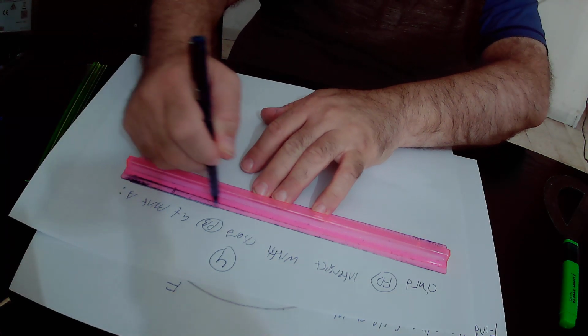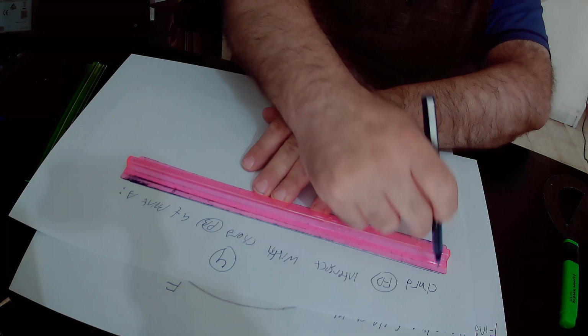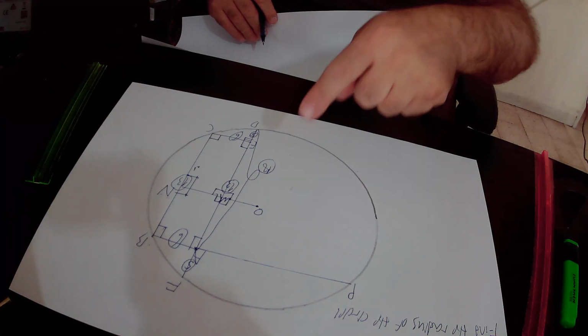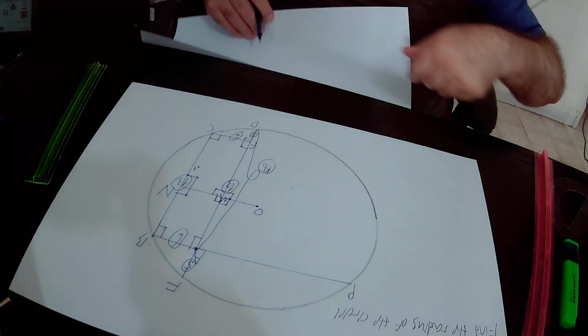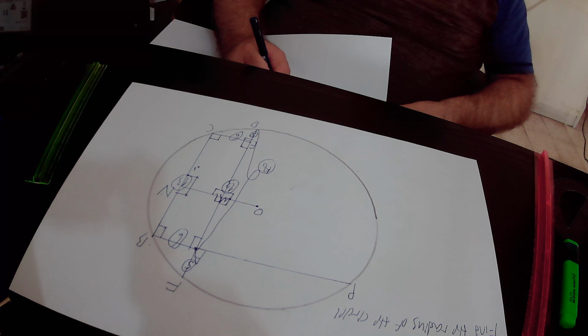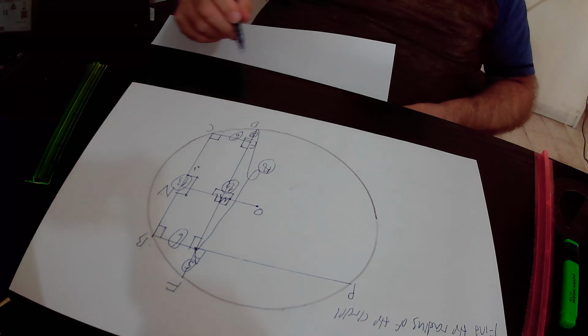Therefore, we can implement here the old rule number 2. So I will write it down. Chord FD intersects with chord PB at point A. According to the old rule number 2, we get that FA times AD equals PA times AB.